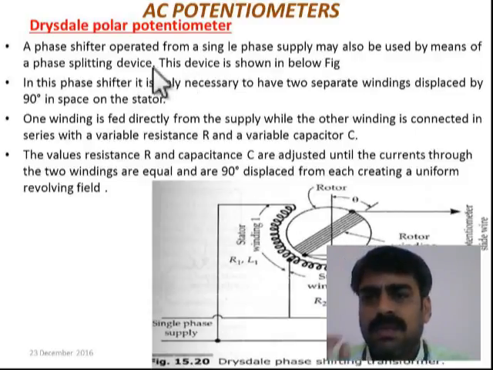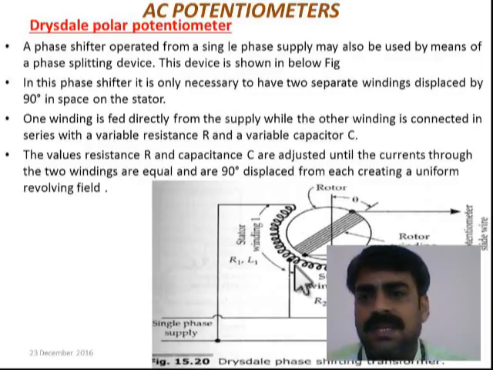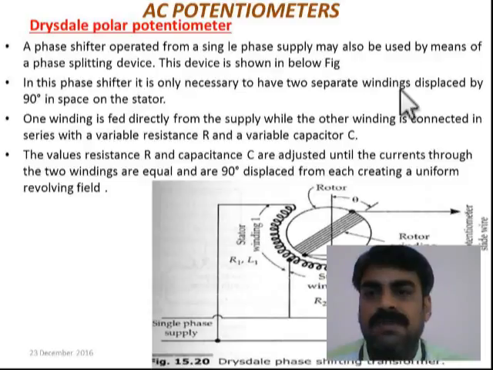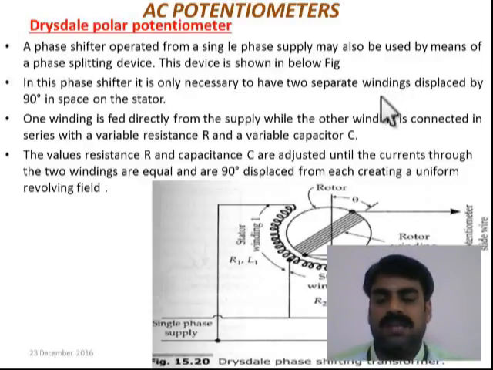Now, what is the use of R and C which is present in this phase shifting transformer? Let us see that in the phase shifter it is only necessary to have two separate windings displaced by 90 degrees in phase on the stator winding. Both stator winding currents, 1 and 2, should be equal in magnitude, but they should be separated by 90 degrees.